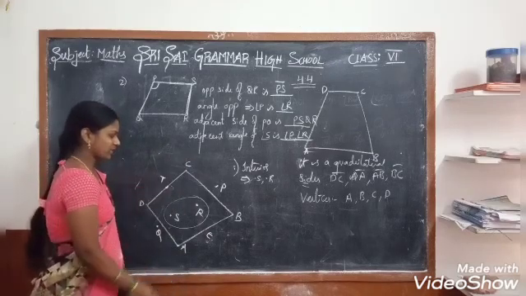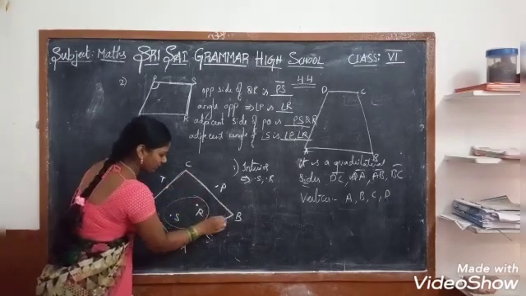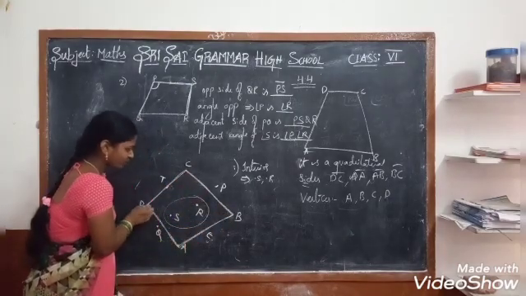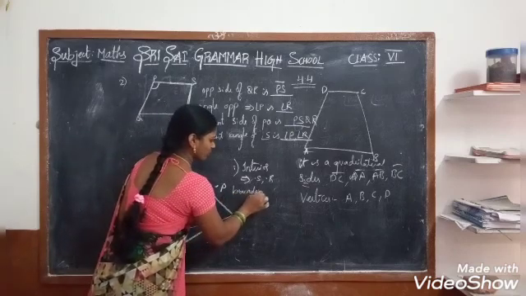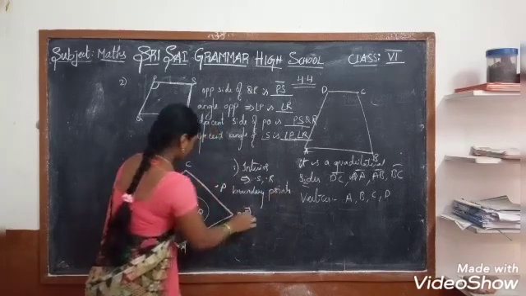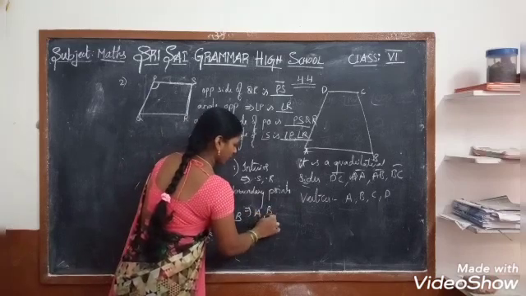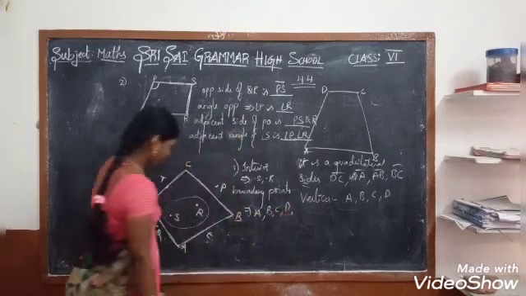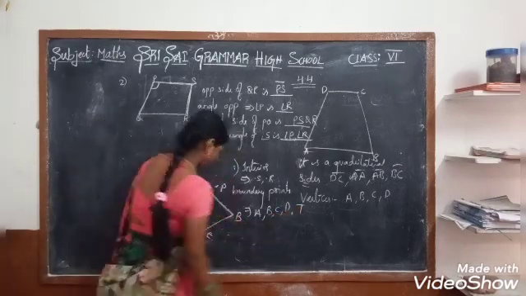Boundary of the quadrilateral means which are lying on the line. That is called boundary. What are the boundary points? These are A, B, C, D, and also this point T, which is lying on the line.